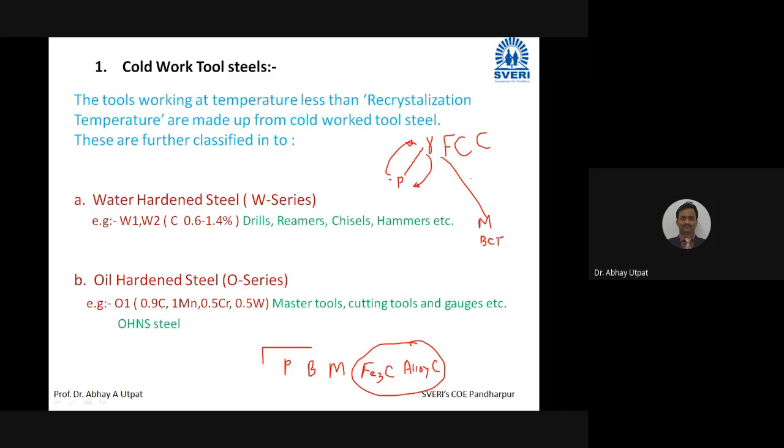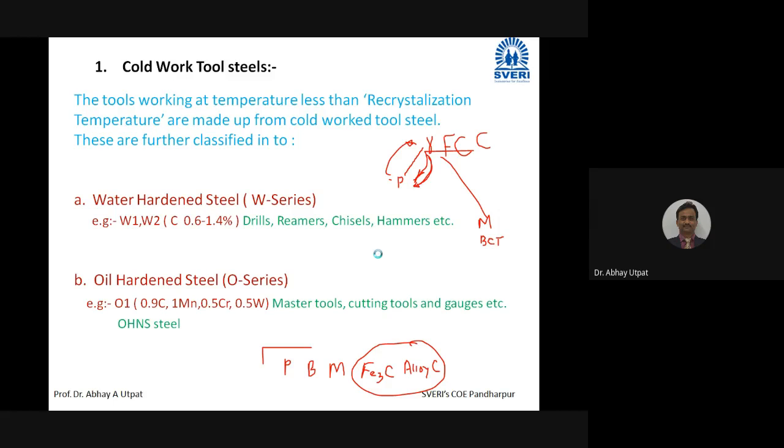If you quench in oil or water, it will give martensite. But if you cool slowly in air, again it will give perlite. And perlite is not as hard as martensite. So what is the third category?